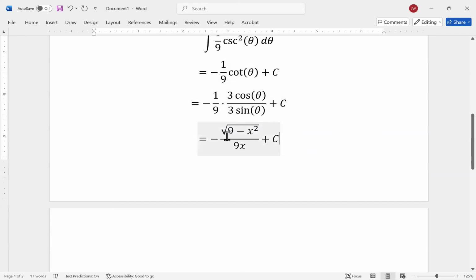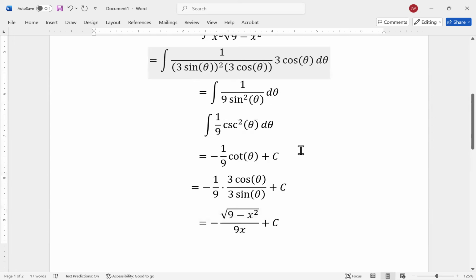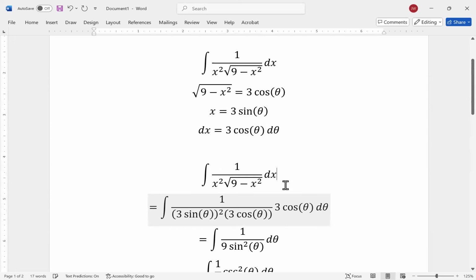Negative square root of 9 minus x squared divided by 9x plus c is the class of antiderivatives you get when you integrate 1 over x squared times the square root of 9 minus x squared with respect to x.